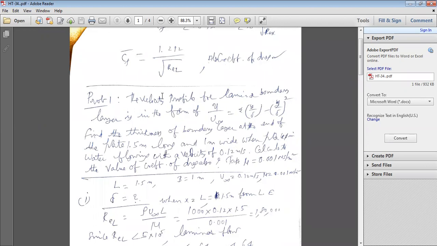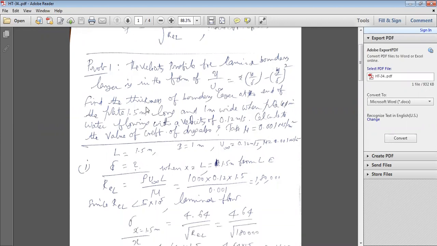With the help of these formulas, we are going to solve problems on the hydrodynamic boundary layer. So far we have not considered temperature, only velocities. That's why the boundary layer formed on the flat plate is the hydrodynamic boundary layer only. Whenever there is temperature, there is a thermal boundary layer. That we'll discuss next.